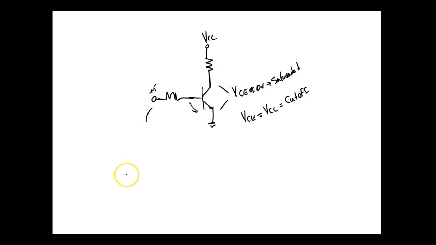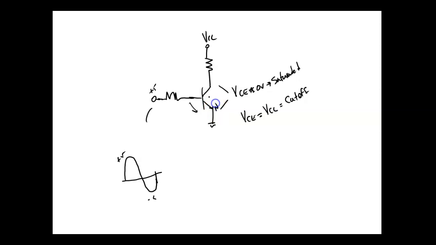Let's say I'm putting 5 volts here, minus 5 volts there. What would I get on my output? Well, here comes plus. Plus comes over here. That would put a plus here. That would put a plus here.